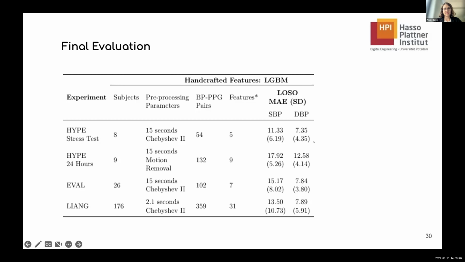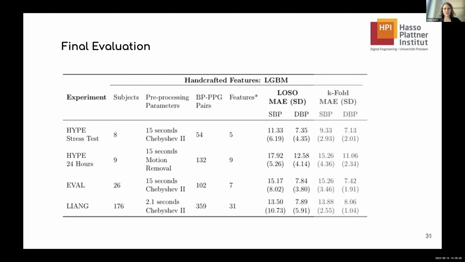And you can see here that in general, we have high standard deviations and also high mean absolute errors, but this is very consistent with the literature for experiments of this kind. But we were wondering what happens if you divide patients into training and test sets and mix them up. So we performed a different type of evaluation, a k-fold cross-validation, mixing the patients between the training and test sets.